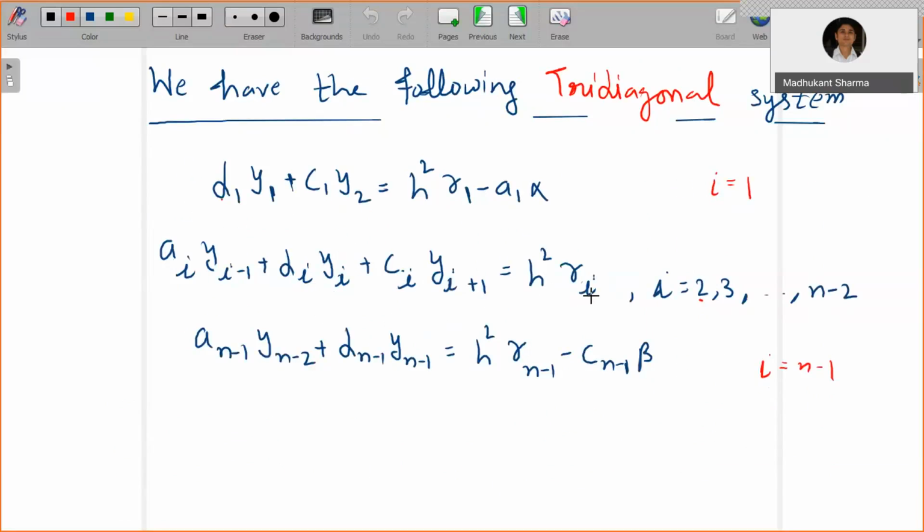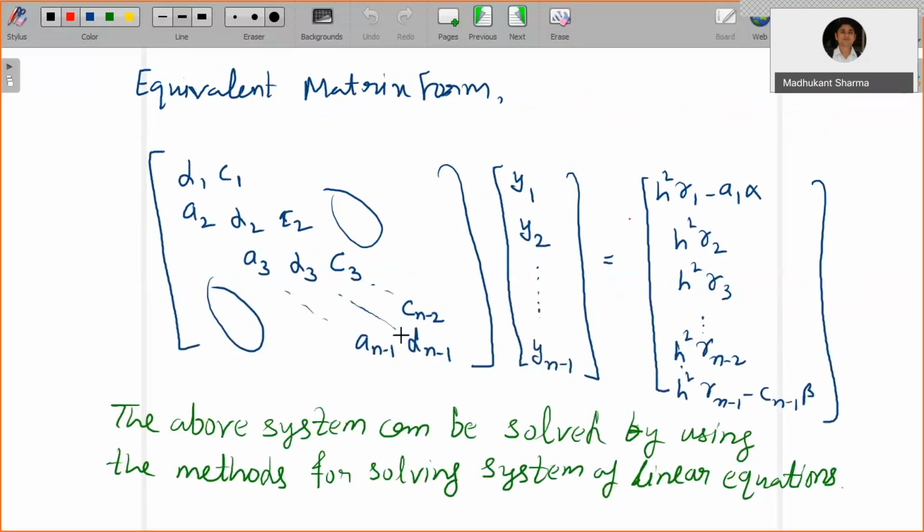So if you replace i equals 2, a2, d2, c2 will be at the first, second and third positions, and the rest of the terms are 0 because they are the coefficients of y1, y2, y3. And the right side is h square r2.